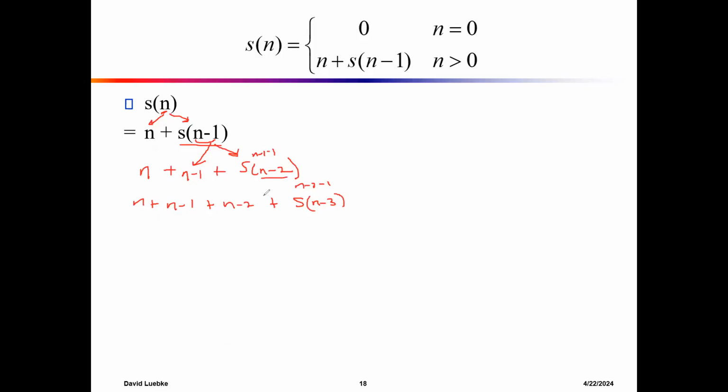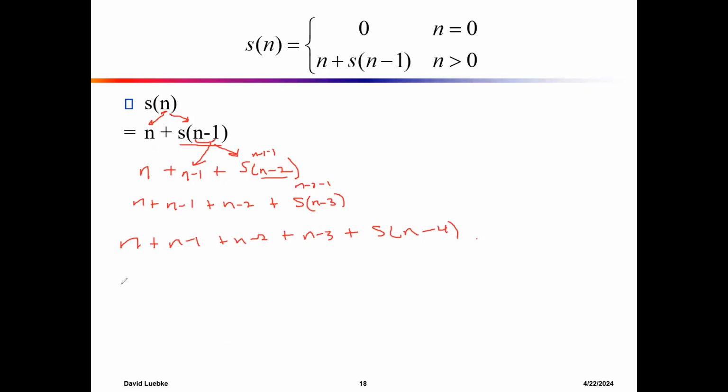So what's going to come next? We'll have n plus n minus 1 plus n minus 2 plus n minus 3 plus S of n minus 4.